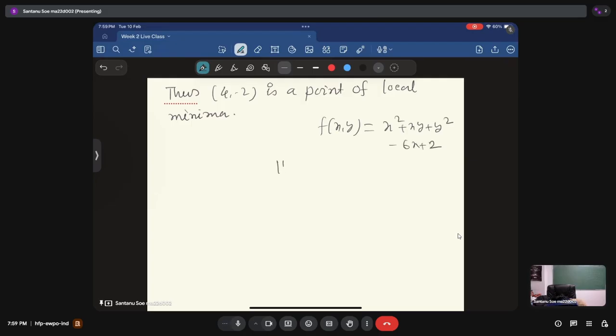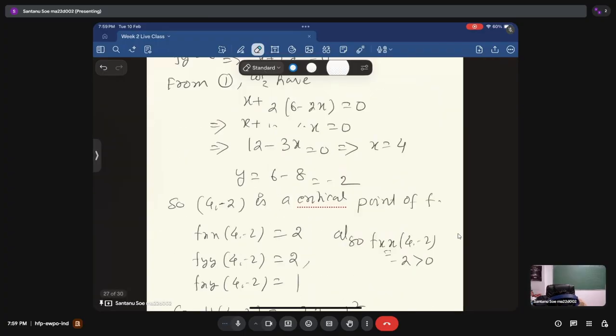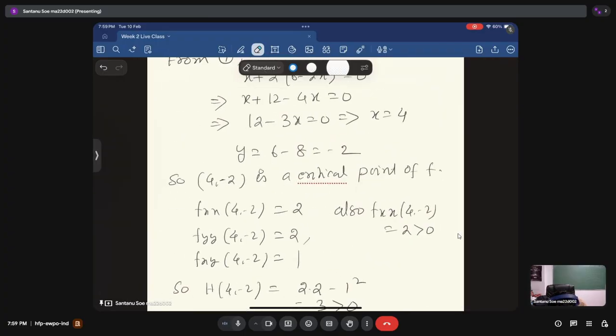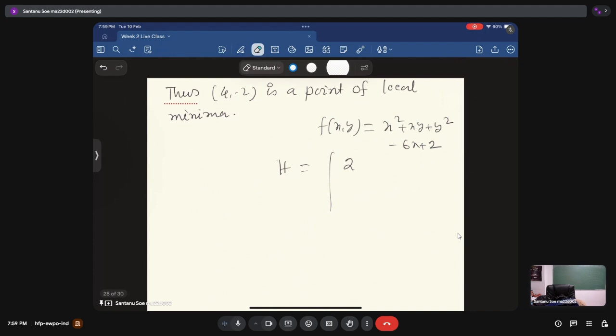Now the Hessian is 2, 2. Sorry, f_xy is 1. So the Hessian is 2, 1, 1, 2.